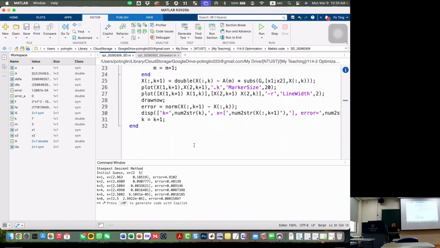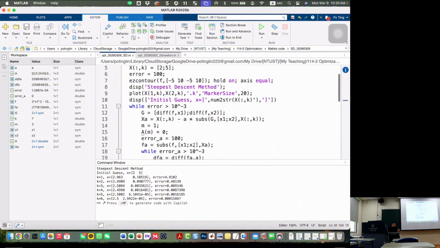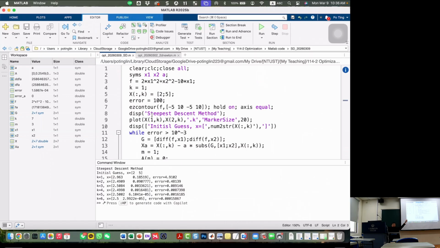Okay. Now I will show you how to do finite difference in MATLAB code. Over here, everything is symbolic, so I can just use the MATLAB function to do derivatives. It's very convenient, but in reality, sometimes you don't know the function form, so you cannot perform symbolic.